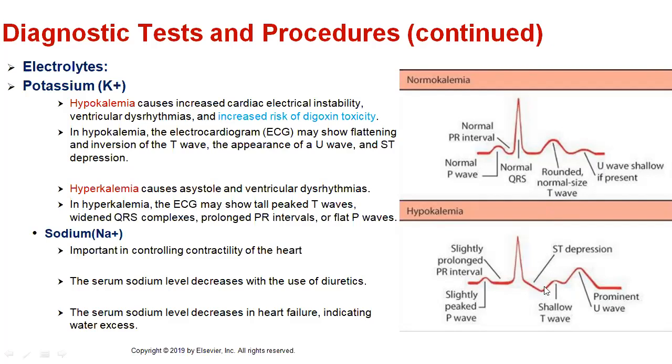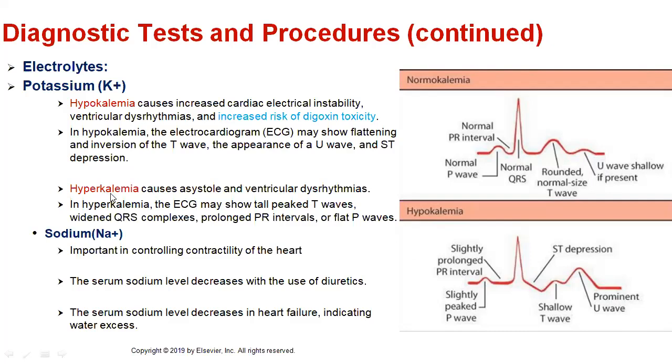But you see the ST segment depression on EKG, and also a very prominent U wave. In hypokalemia, the EKG U wave is very prominent, right? This is the EKG change.